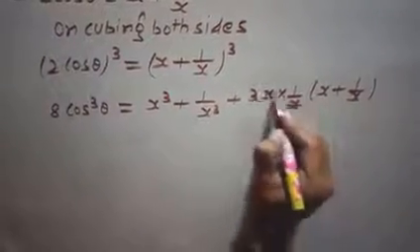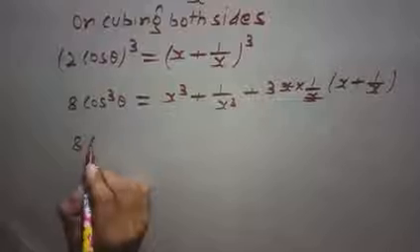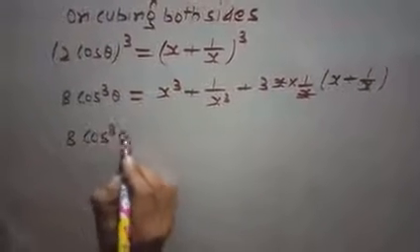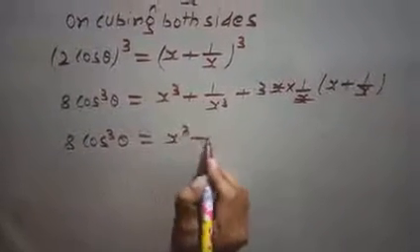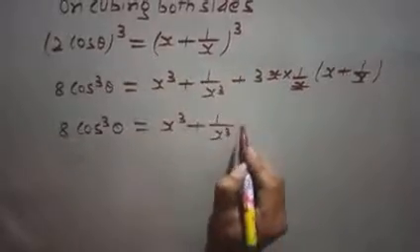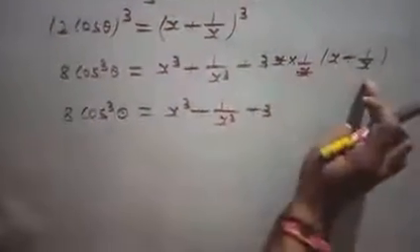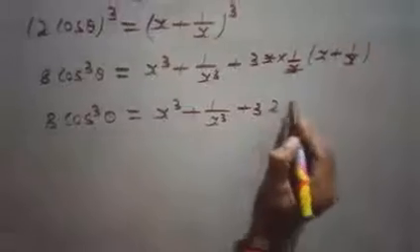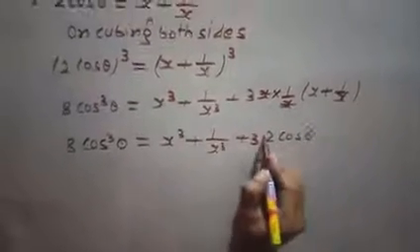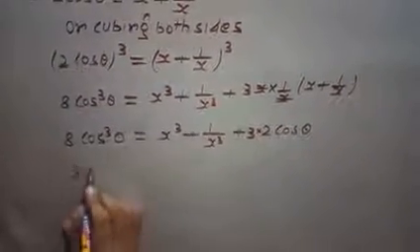Now these two cancel out, so here 8 cos cube theta is equal to x cube plus 1 upon x cube plus 3, and we know that x plus 1 upon x is 2 cos theta, so here is 2 cos theta.